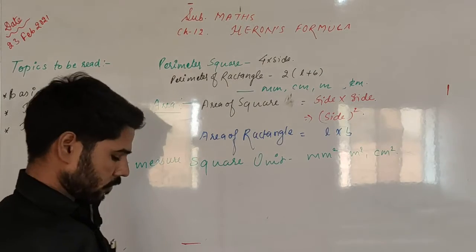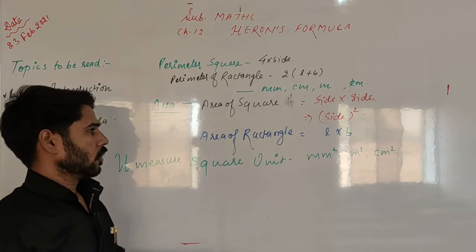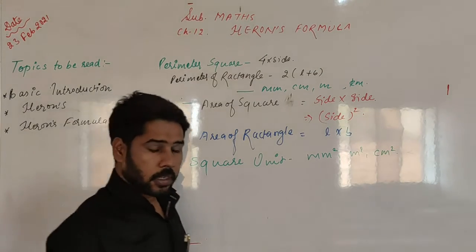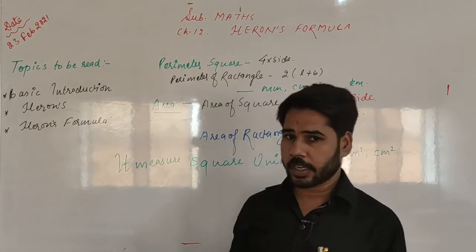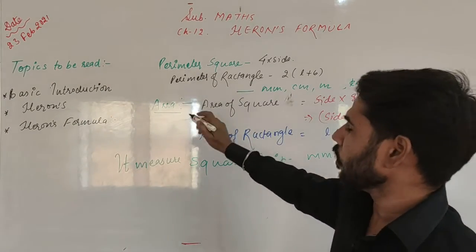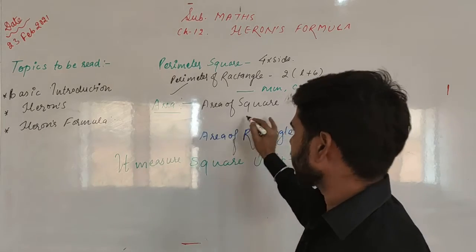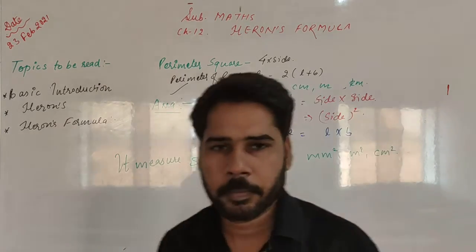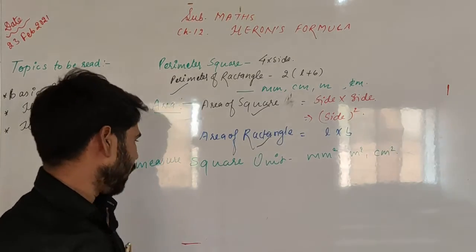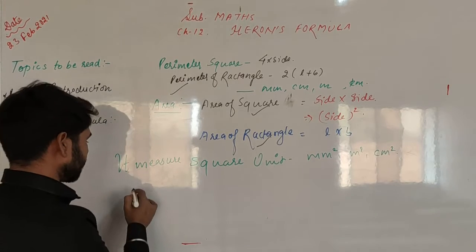Okay. We can easily find the areas of a rectangle as well as a square. But now I am talking about triangles.